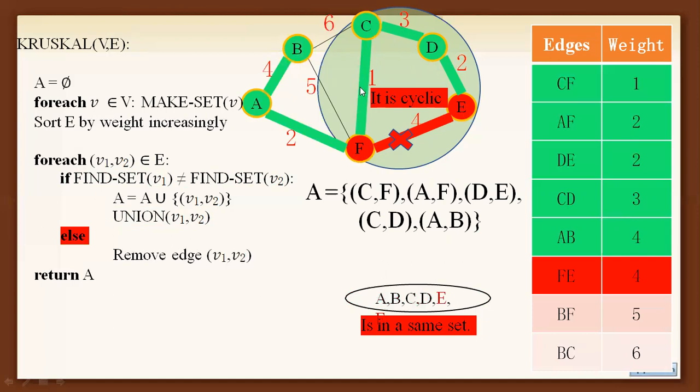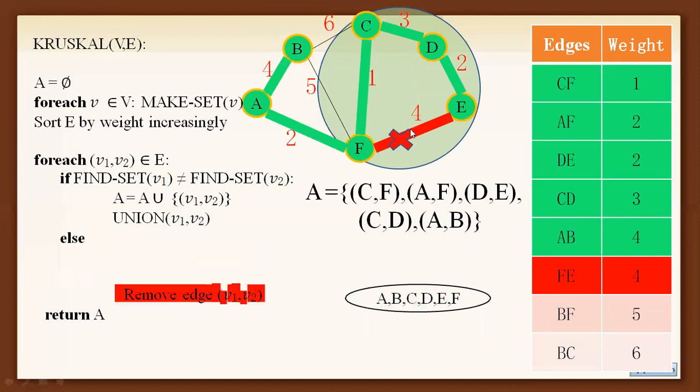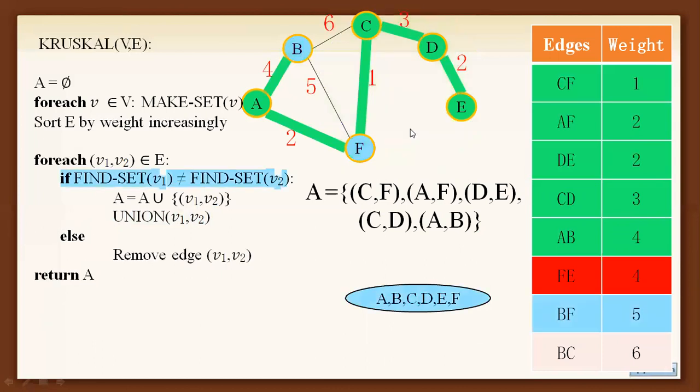Whenever you are planning to construct any spanning tree, you should not include cycles in the tree. So if any cycle will occur, simply ignore the edge. In this case, a cycle will be formed if I consider the edge F to E. So simply ignore the edge FE, which is highlighted in red. I can ignore it, and I can remove it also.